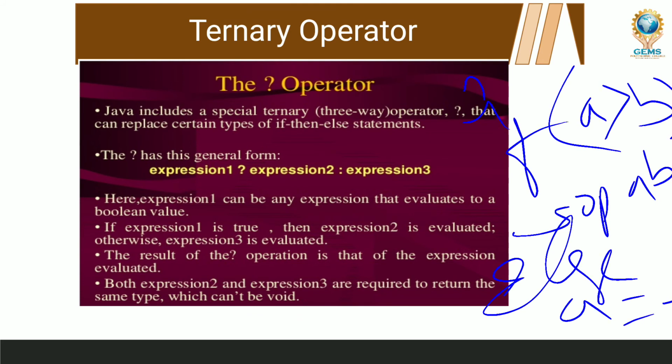Here what is going to happen? A is compared with b. If a is greater, it will print a is a big number, or else if a is smaller, it will print a is a small number than number b.